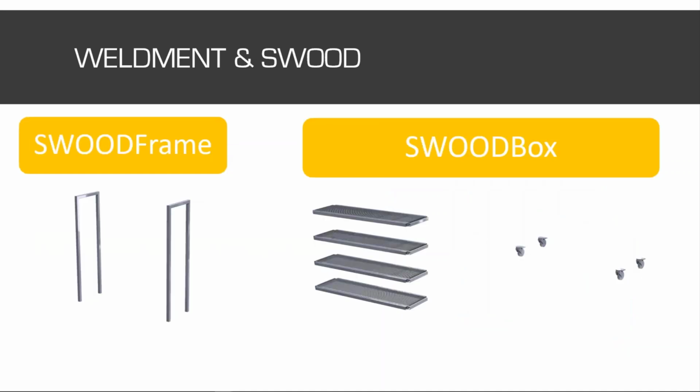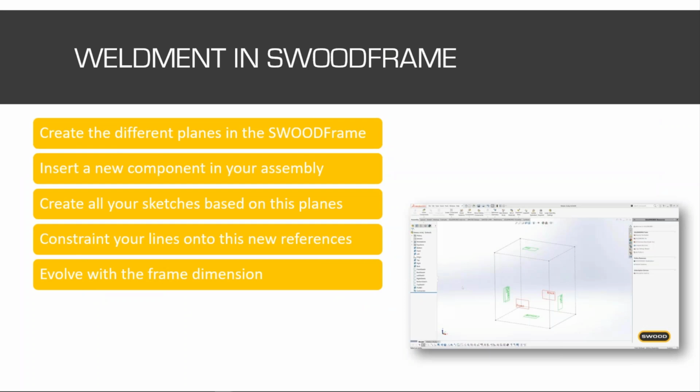For this specific design, to show you how I built it, I started with my SWOODFRAME and both sides here, then in the SWOOD boxes I created all my shelves, my metallic shelves, and then finally all the wheels. You can see that it is compatible with the SWOOD features.